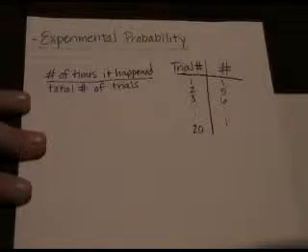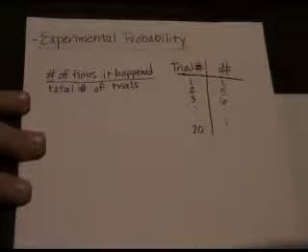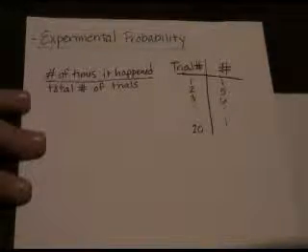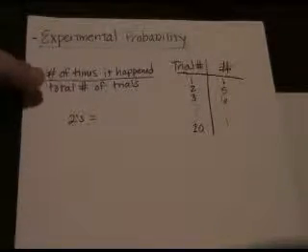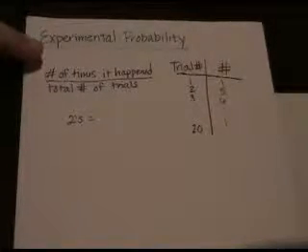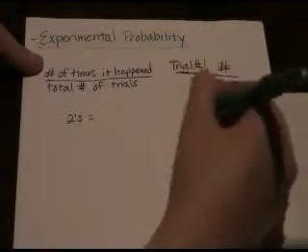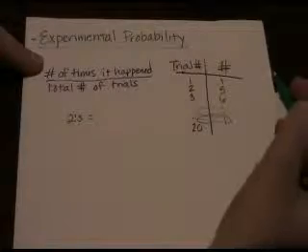Now if we're trying to figure out the experimental probability of rolling 2s, we're going to say, how many times did 2s show up? We look through our data, we circle all of the ones that were 2s.